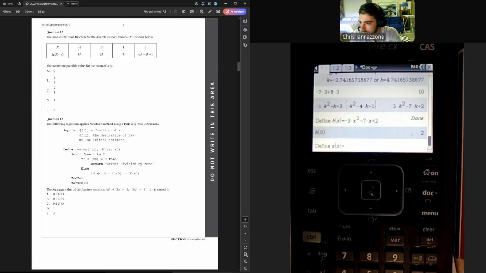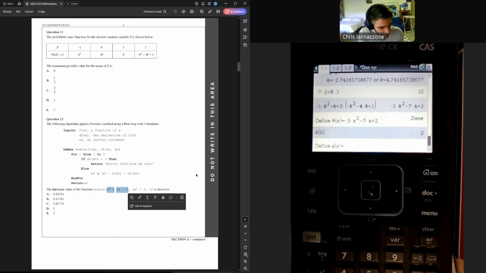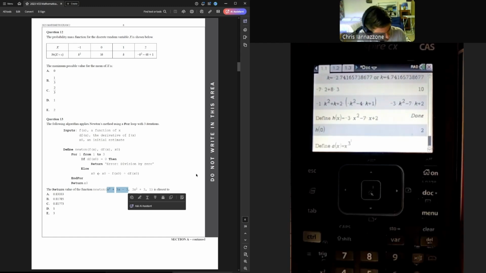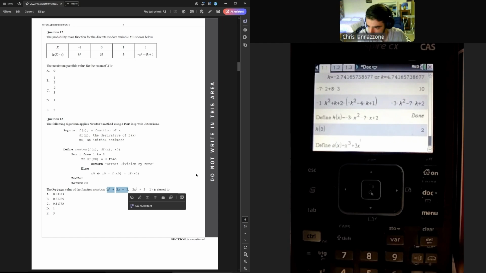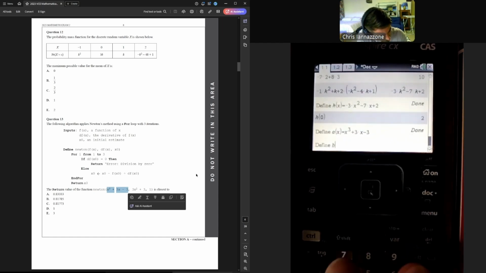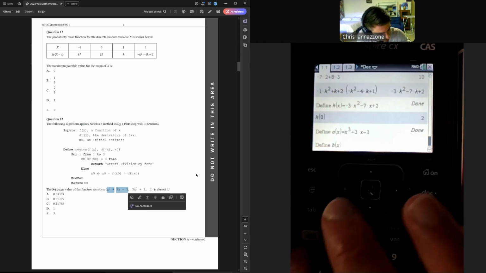The first thing in brackets is going to be f, the second thing is the derivative of f, and the last thing is going to be the x value that we have. So when you look at how the function is declared, this first thing before the comma is our function that we're trying to do Newton's method on. So we can do a of x is equal to x cubed plus 3x minus 3. Cool. Next thing up, we want to know the derivative of a of x.